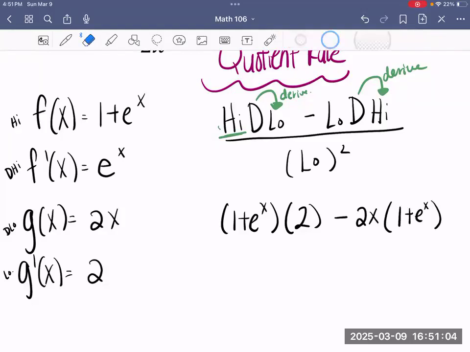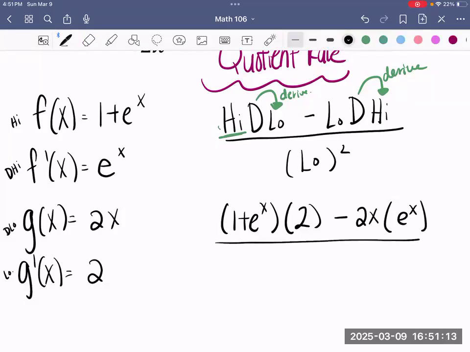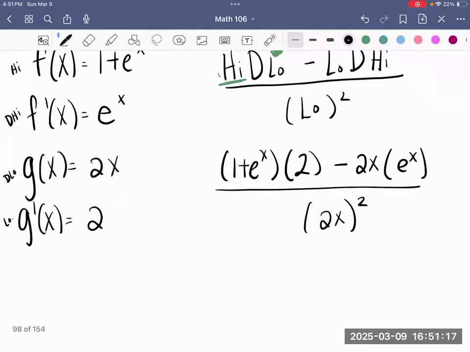Oops, I'm so sorry. I did not actually get to derive that one. This is just e to the x over here. All over 2x squared.